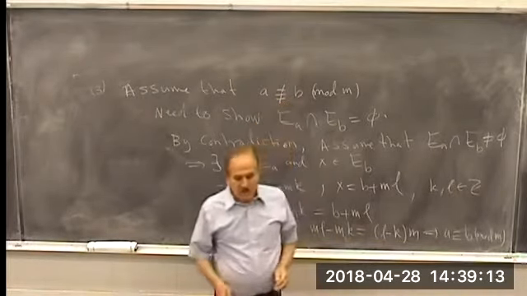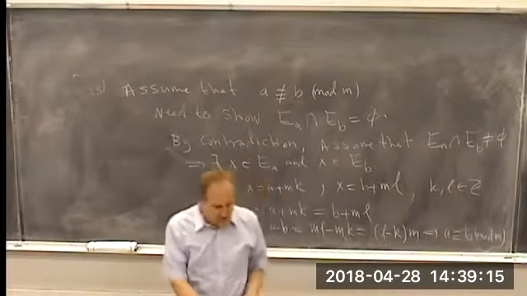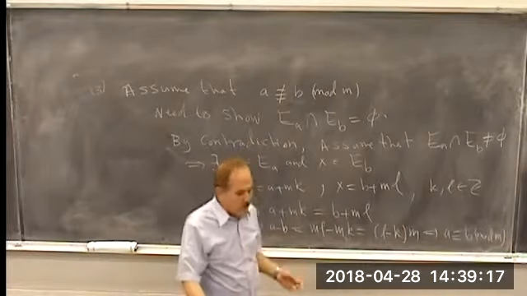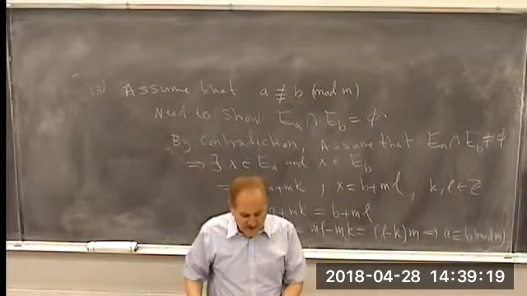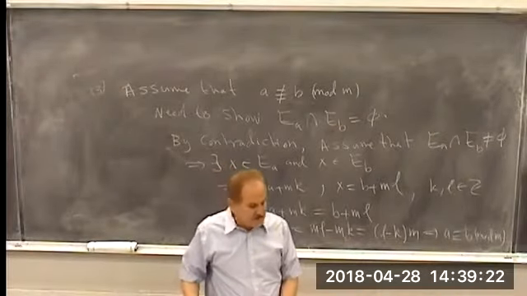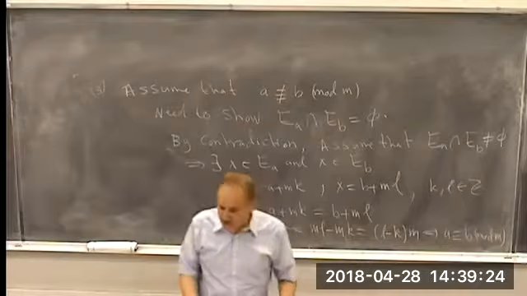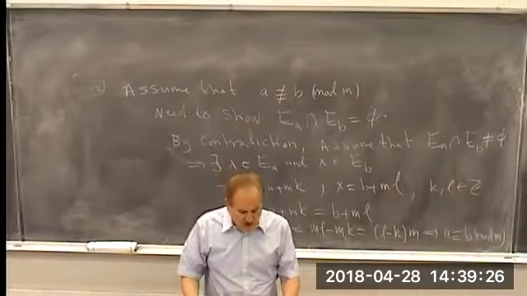All right? And the very last part is that the union of all of these E sub a, as a ranges over all the integers, is going to be all the integers, because each one of these contains a.